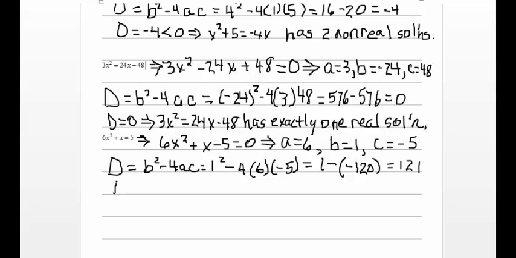So the discriminant equals 121, which is greater than 0.